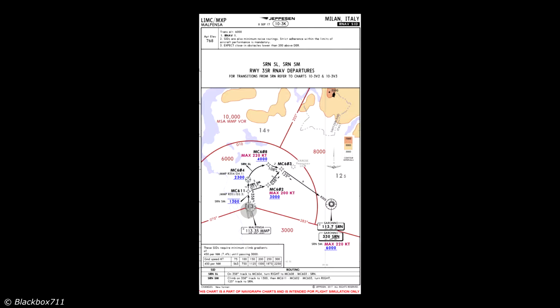Here again, you are in need to maintain certain climb rates. However, it says here in the text for the 5 Lima and the 5 Mike, it says 7.4% until passing 3,000 feet. It does not distinguish regarding the climb rates. However, there is a difference. Can somebody spot that between the 2 departure routes, what the difference here is?